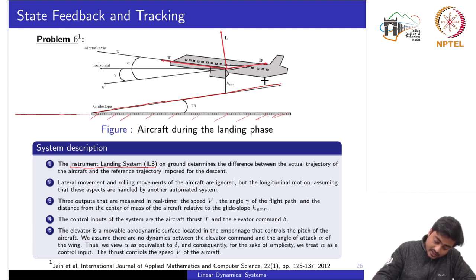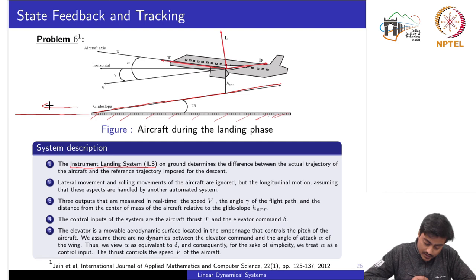Now the reference trajectory is basically this one given by the glide slope. Okay, that error, whatever the height of the aircraft's center of mass is, and it should descend along this glide slope to finally run onto the runway to lower its speed.